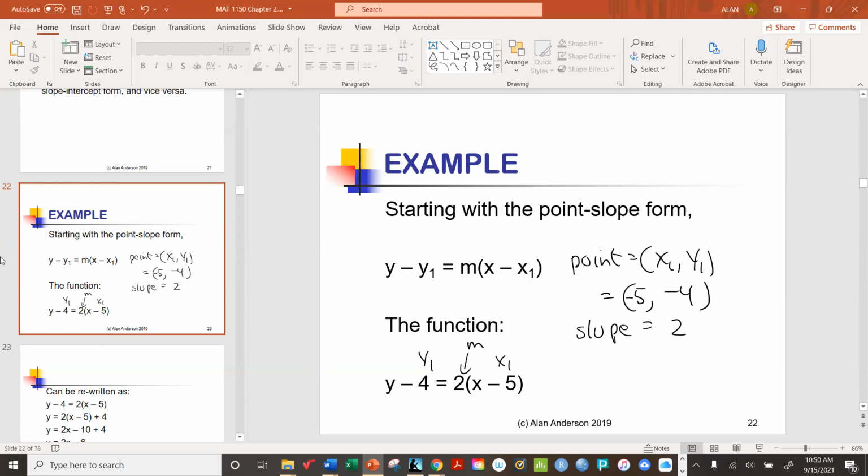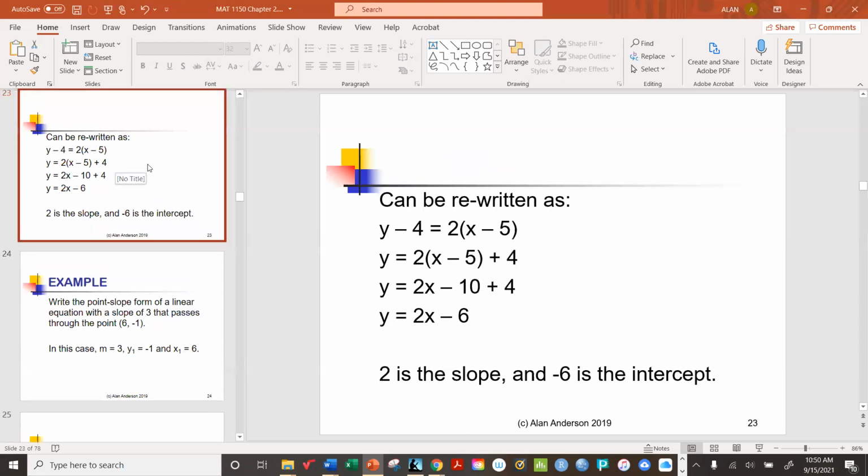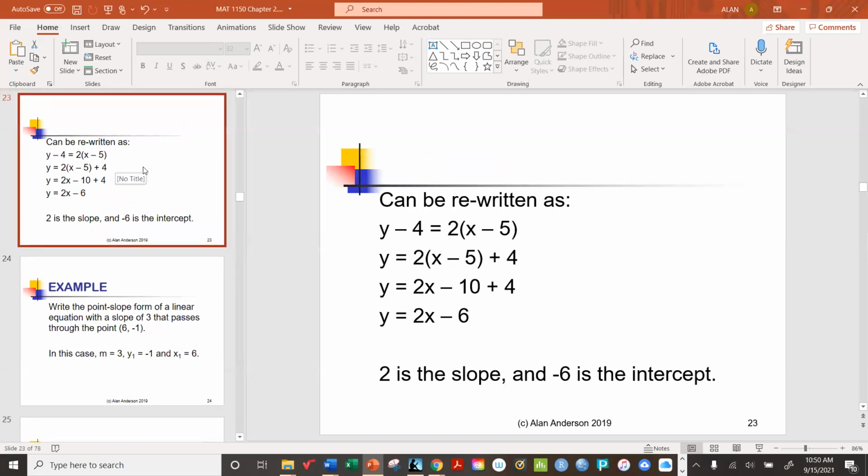So with that in mind, we can take this information and rearrange our equation to find the exact expression for the straight line. And when we're done, it will be in the traditional slope-intercept form. So here we go. Why don't we just do some algebra? We add 4 to both sides. Distribute the 2 over the x minus 5 to get 2x minus 10 plus 4.